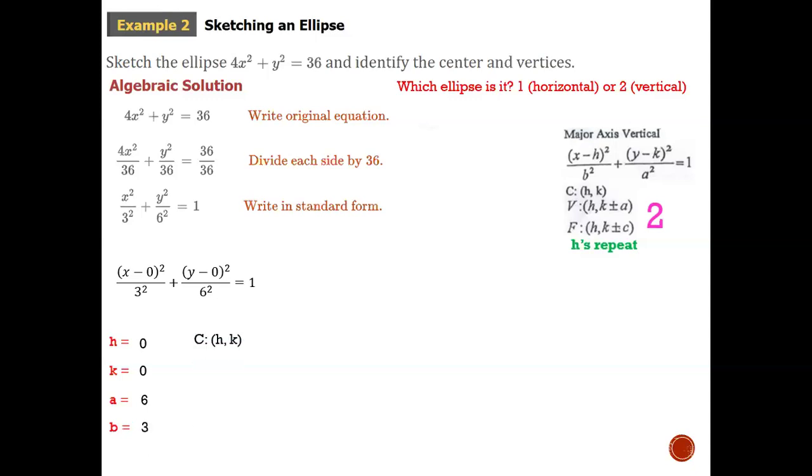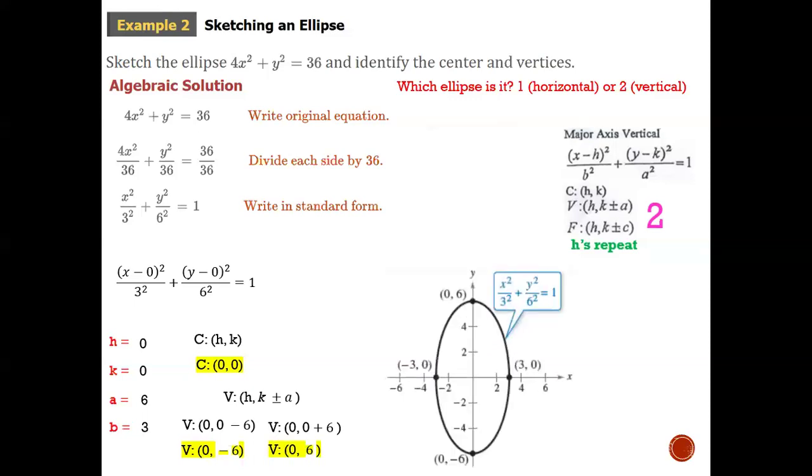So H and K is 0, 0. My vertices, using the formula, are going to give me 0, -6, okay, and 0, 6. And then we have our graph, yes? So we identified our center and we identified our vertices.